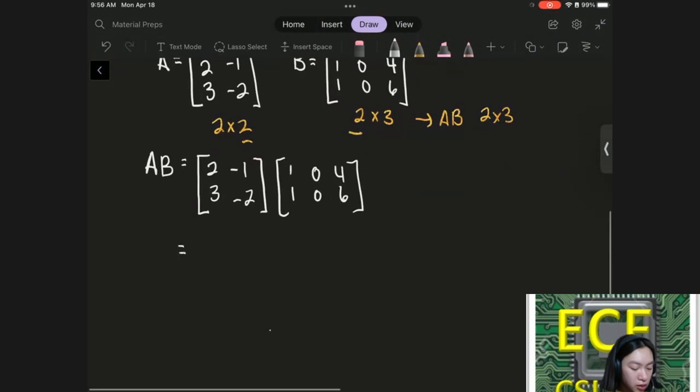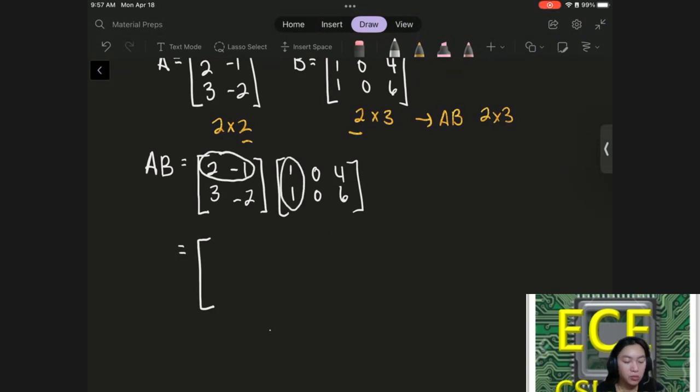Okay. I'm going to break this down. So how this works is that let's figure out this first part of AB, which is the first row, first column. So you're going to take the first row of A and multiply it with the first column of B. And so that means we'll have 2 times 1 plus minus 1 times 1.